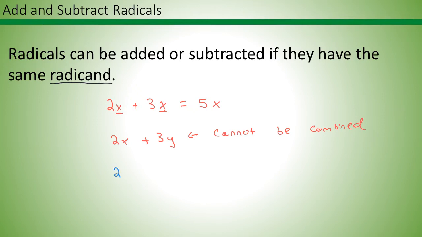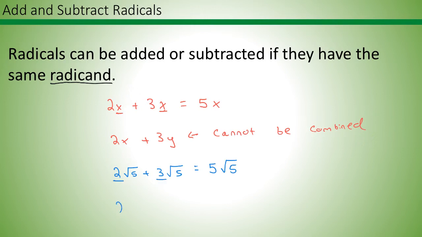If I had 2 times the square root of 5 plus 3 root 5, okay? Since these are like terms, I can add them together and say that I have 5 square root of 5. So we're just going to be adding these numbers together.